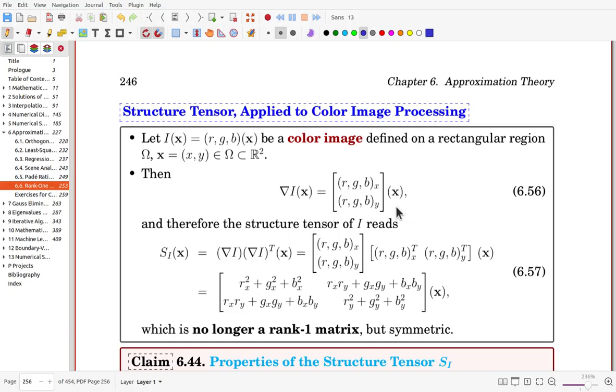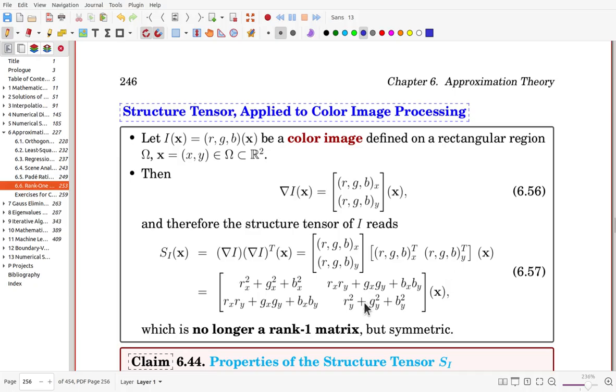The gradient will be the x derivative and y derivative for these three components. Here the corresponding tensor must be gradient of I times gradient of I transpose.